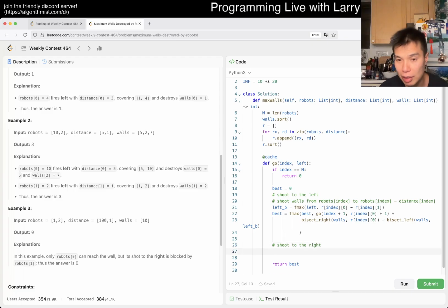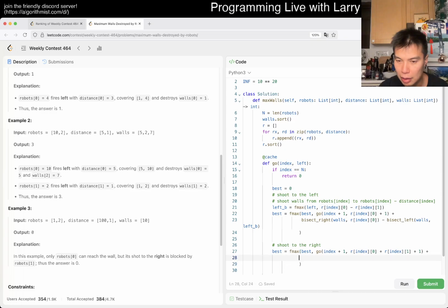But anyway, okay. So otherwise shooting to the right, we just skip to the 1. The new left is going to be, so we shoot to the right, then we have everything inclusive of, so we want to +1 it so that it doesn't double count it.